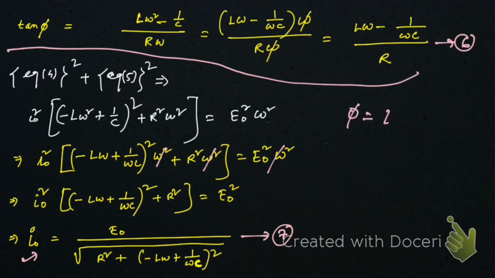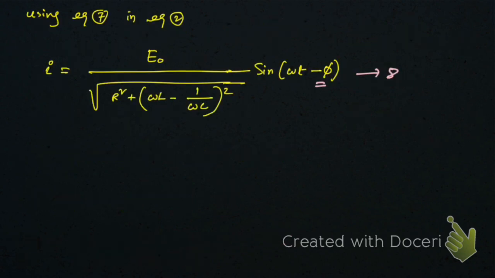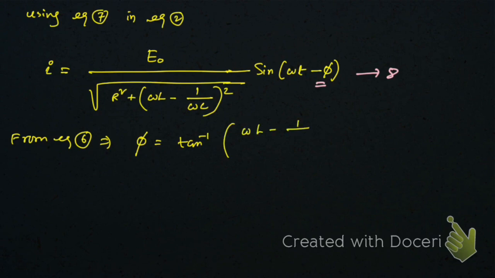Phi will be equal to tan inverse of this. So from equation number 6, phi is equal to tan inverse of omega L minus 1 by omega C, divided by R. That is what we will get.